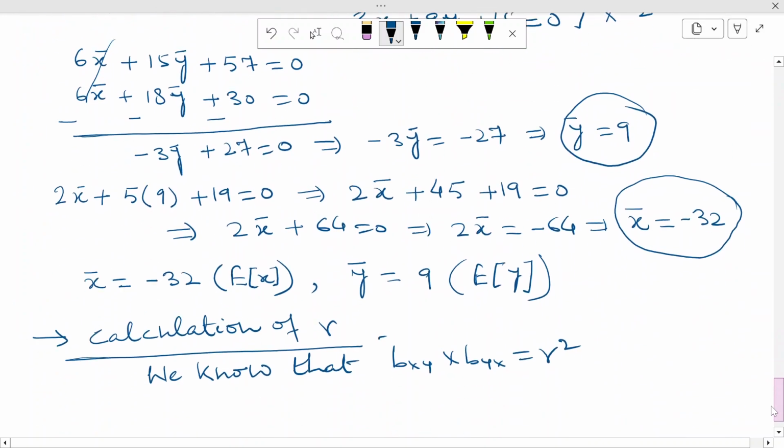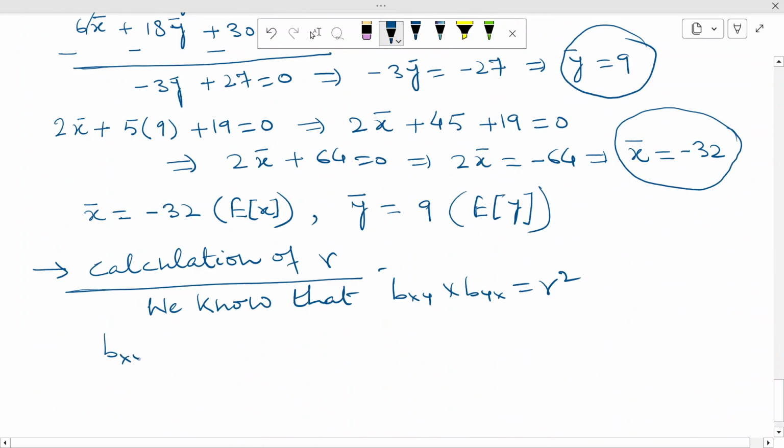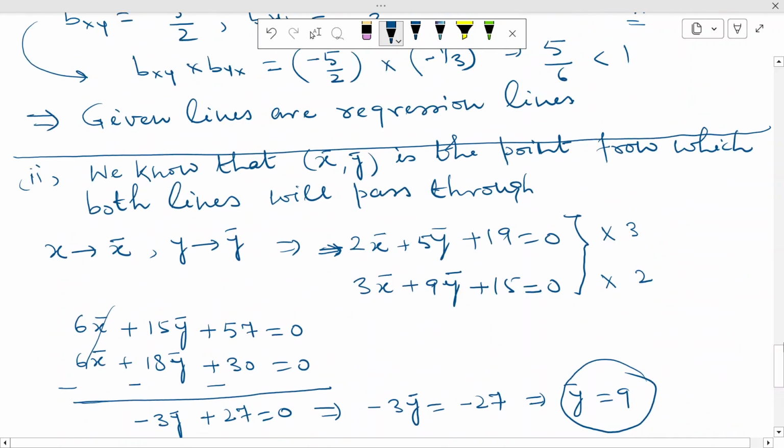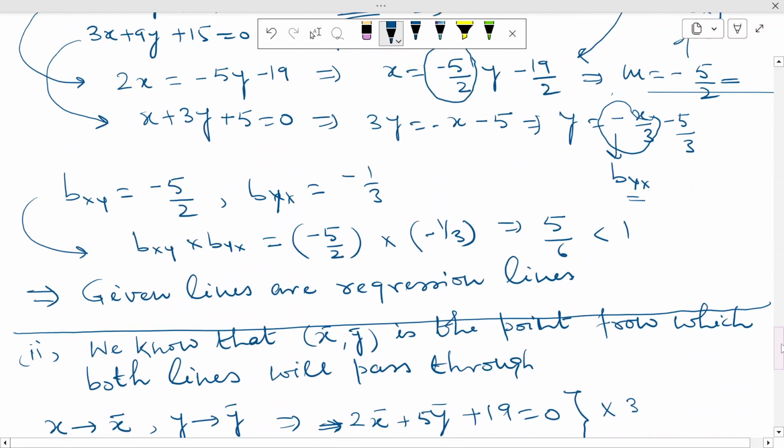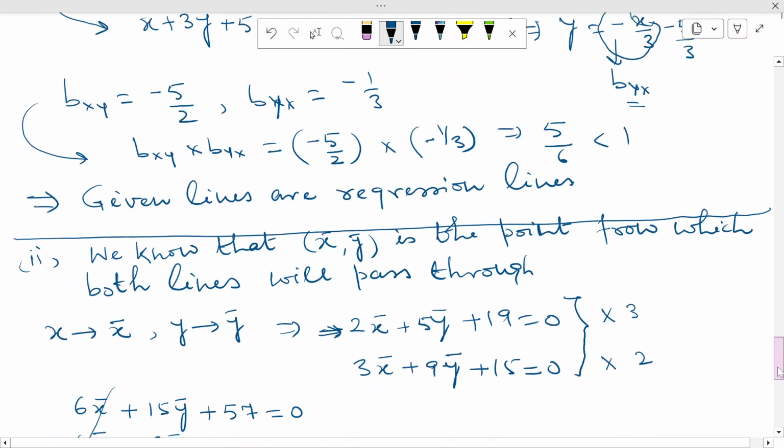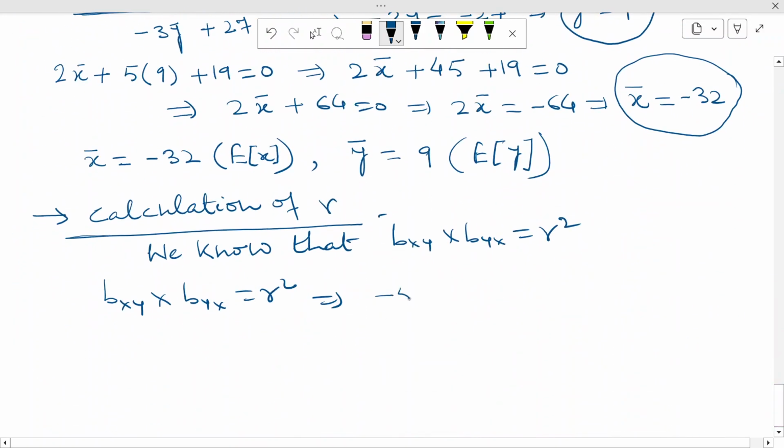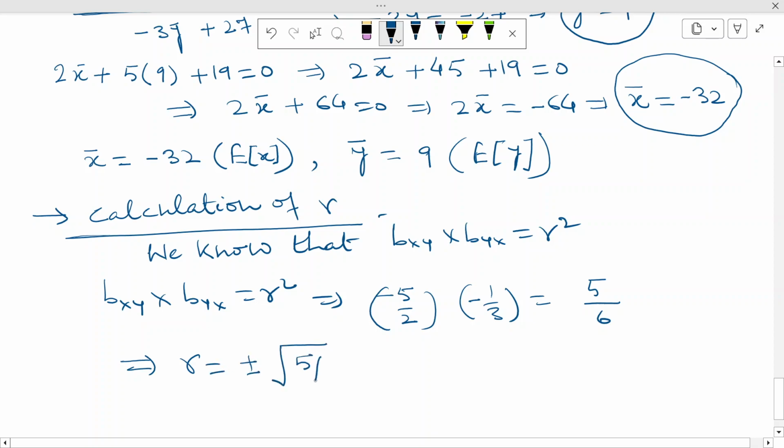We know that bxy times byx is equal to r square. So we put in the values: bxy is minus 5 by 2, and byx is minus 1 by 3. This comes out to 5 by 6, which is the value of r square. So this gives us the value of r as plus or minus root 5 upon 6.